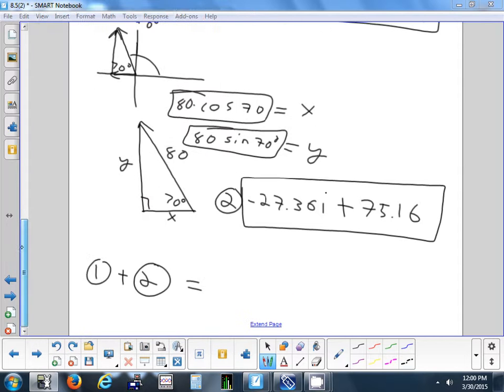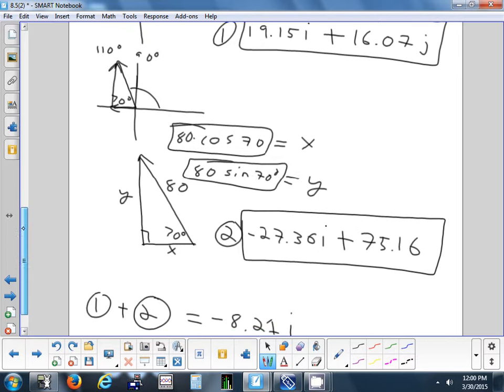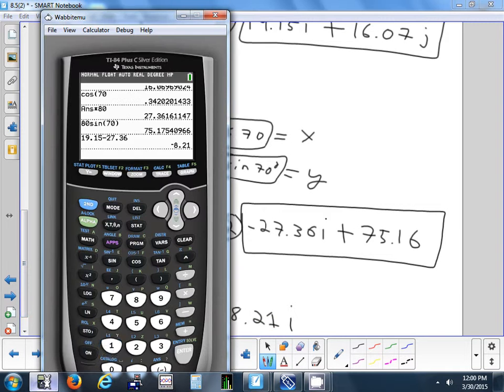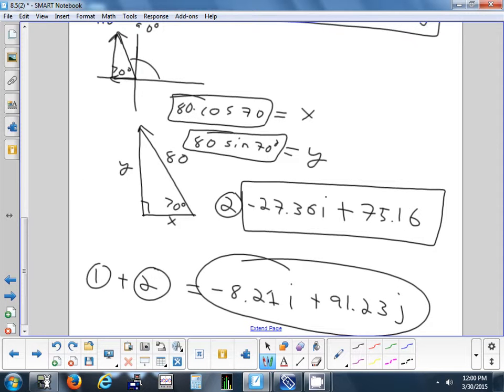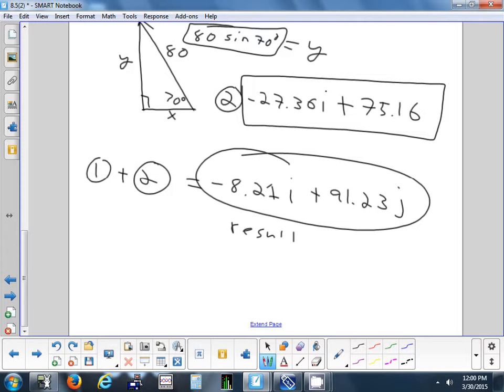So negative 8.21i. And then we've got 16.07 plus 75.16. We got 91.23j. That's the resultant force.